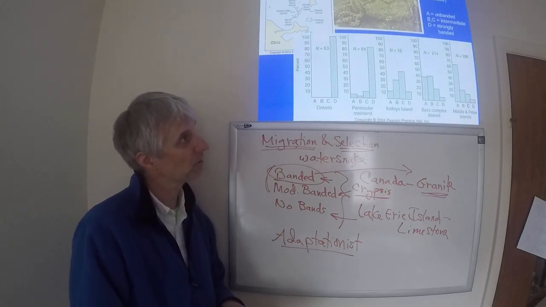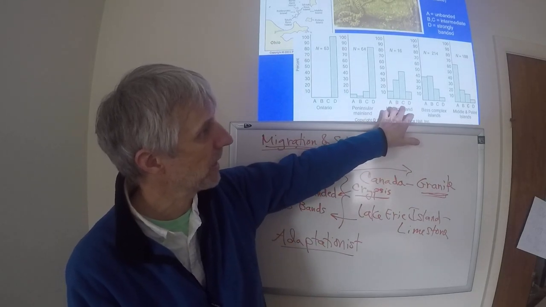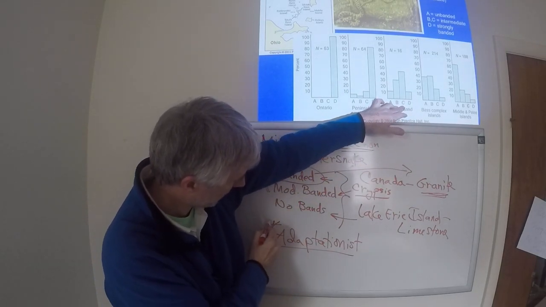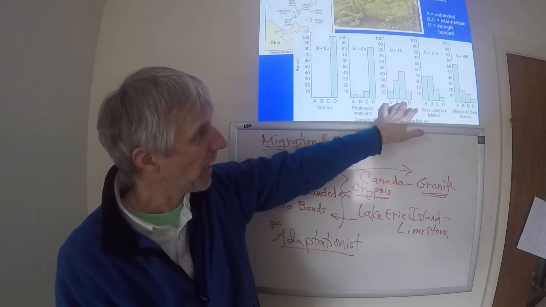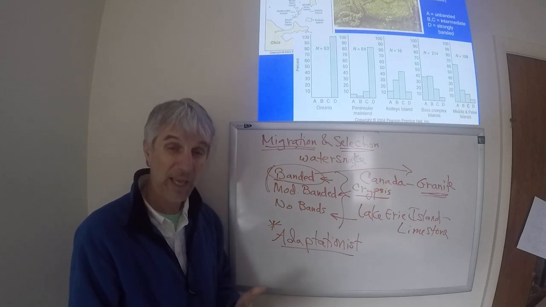If we went out to Kelly's Island, our conclusion would probably be, if we were an adaptationist, that the moderately banded snakes represents an adaptation to living on Kelly's Island.